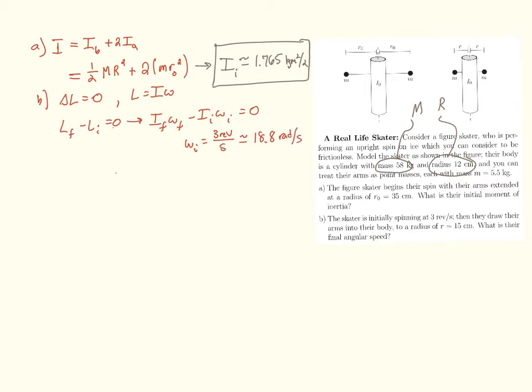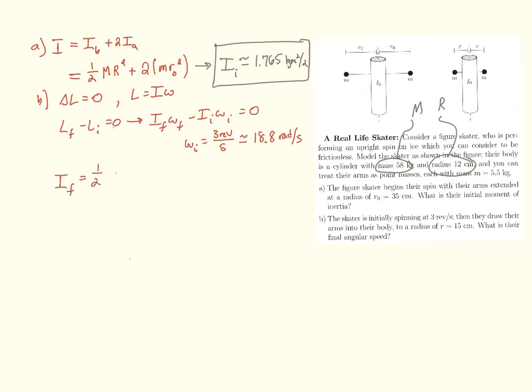second. The unknown thing I'm looking for is the final rotational speed, so I need to figure out what I_f is. That's not going to be too bad because it's exactly the same arrangement of objects, but now the radius of their arm is shorter. So I just need to change this radius to that radius. Let me just write that down.